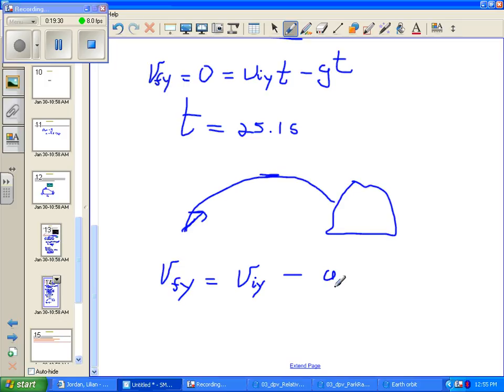And so this time, plugging in our numbers, gives us a final velocity of minus 166 meters per second, confirming the fact that our projectile was making its journey downward when it struck the mountainside, as we would expect, since it had surpassed maximum height and was now moving or displacing itself back downward.